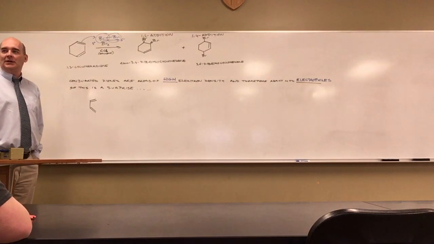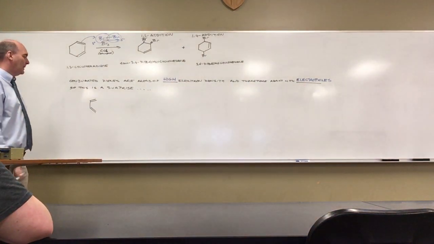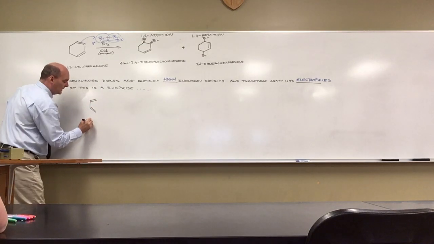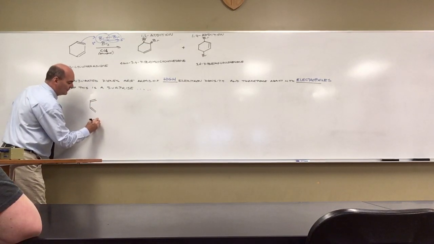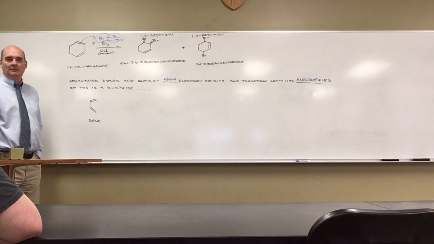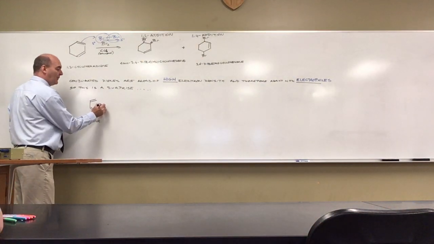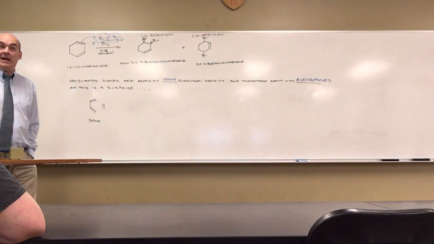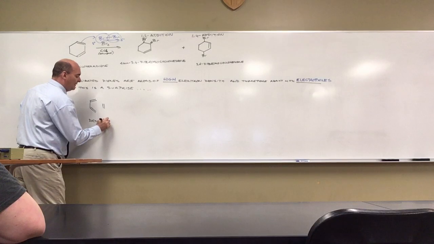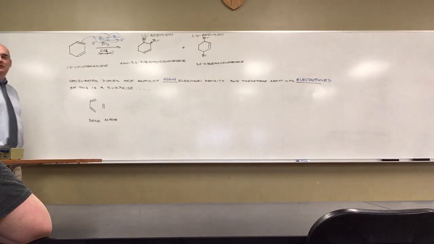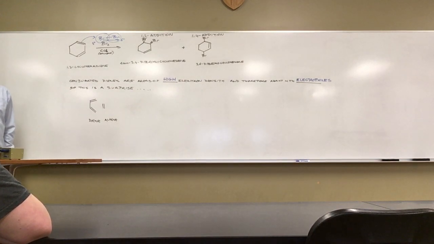If they're asymmetric, then stuff gets kind of difficult. All right, area, high electron density. This is a diene. What's the last thing in the world that it's going to want to react with? Another area of high electron density. So if I were to bring in an alkene, there would be no way that those two molecules should interact with each other.